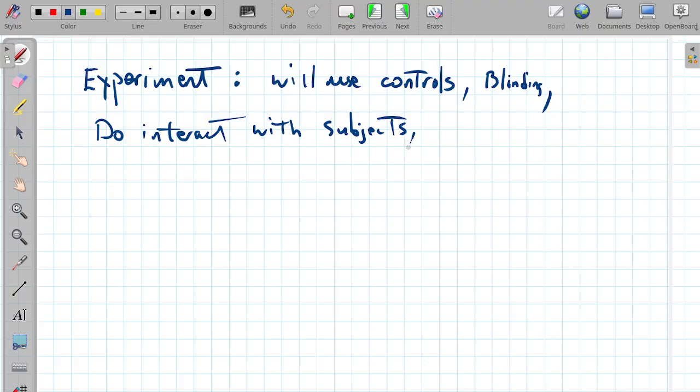Anyway, so experiments will often use controls and blinding. You are interacting with the subjects. Of course, you have to be careful of that because everything you do is going to make a change. And this can be generalized quite nicely. Again, representative study, though, right? Possible to generalize.